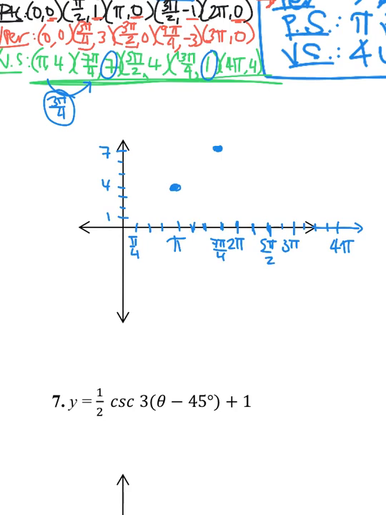Write 4. Another 3 steps. 1, 2, 3 gets me, this is 13 pi over 4, down to 1. Then 1, 2, 3, last stop at 4 pi, giving me a y-coordinate of 4. So I have a nice sine graph that looks like that.